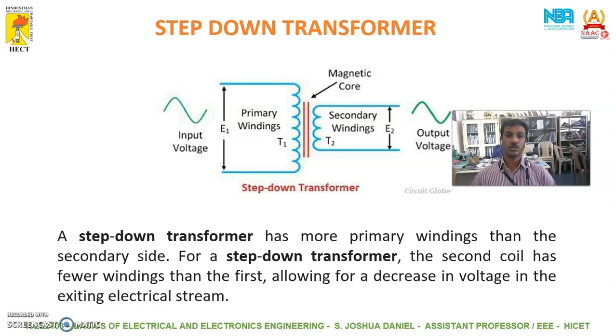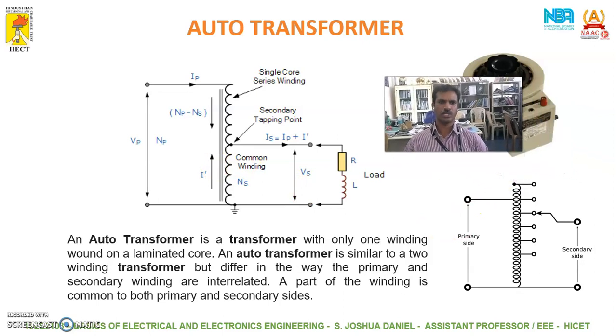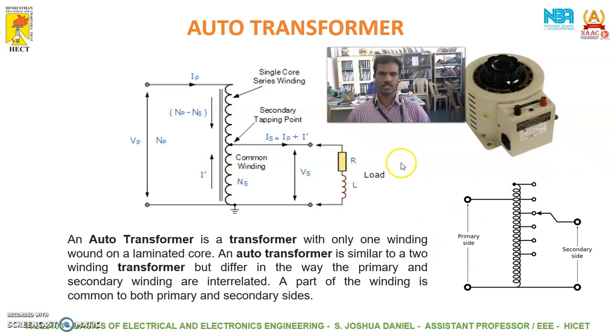Next we'll see what is an auto transformer. In an auto transformer we have a single winding which acts as both the primary side and the secondary side. The only thing we do in the auto transformer is we have tappings on the secondary side. As I already told you, if the number of turns is varied, the voltage also varies.